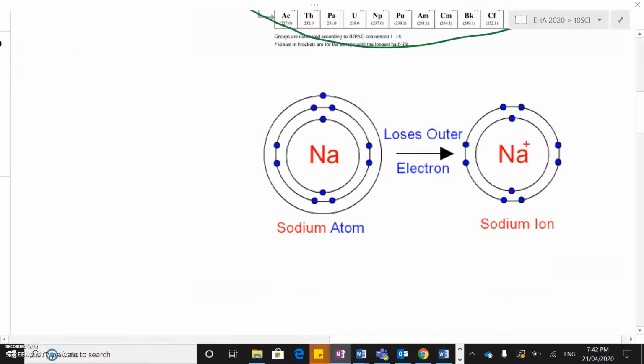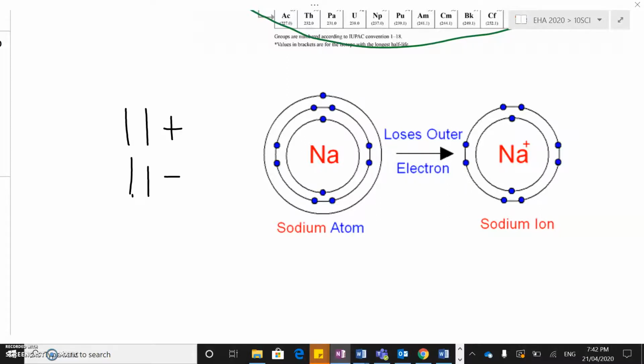When it has 11 protons with a positive charge and 11 electrons with a negative charge, it's balanced. Those positive charges are cancelling out those negatives. And we can see the electrons in the electron shells in that diagram on the left.